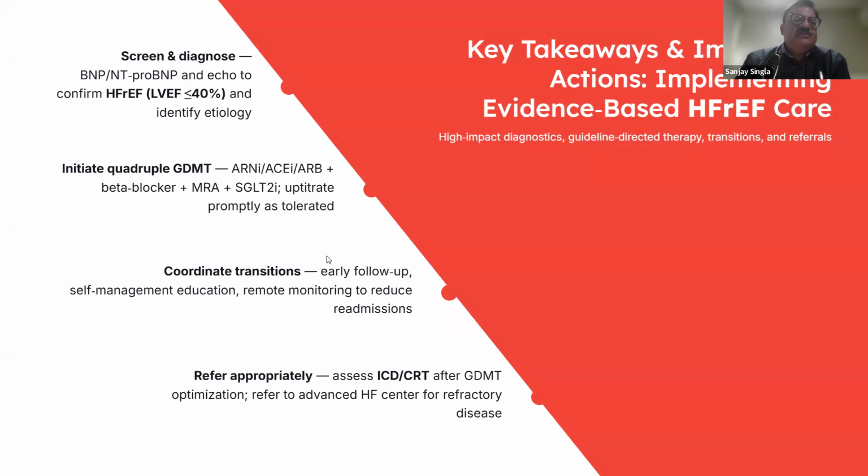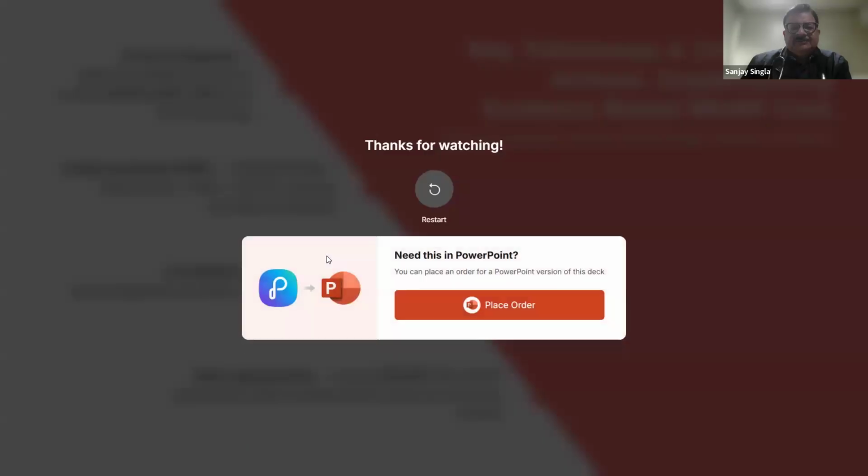NT-proBNP should always be taken, so that we see the patient is not having an acute episode, because if we want to start any therapy, the patient should be a chronic heart failure patient. It should not be acute heart failure. Initiate quadruple GDMT. Early follow-up and self-management should be done, and refer appropriately to ICD or CRT after GDMT optimization. We would start with that.